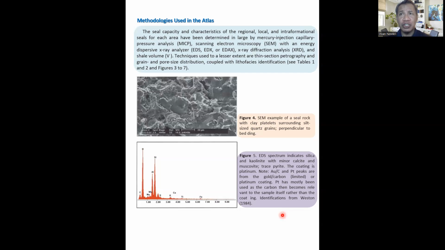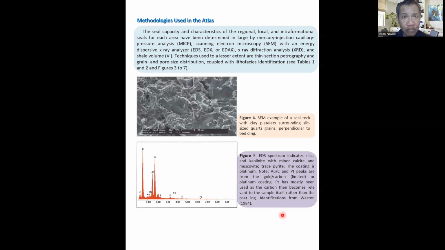The methodologies used in the reference that I use are mentioned to determine the seal capacity and characteristics of the regional, local, and intraformational shale. They involve several techniques, and these include MICP, SEM, scanning electron microscopy with the energy dispersive X-ray analyzer.